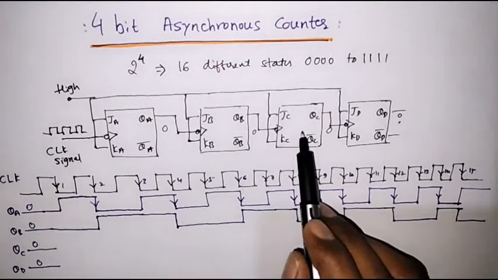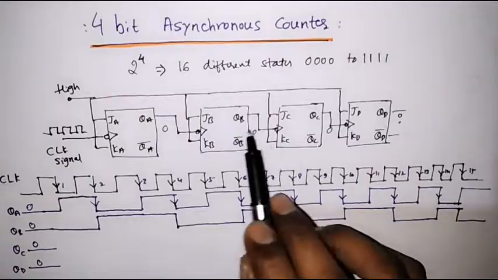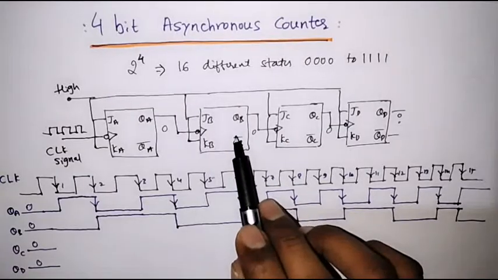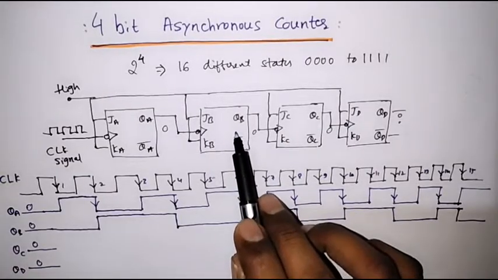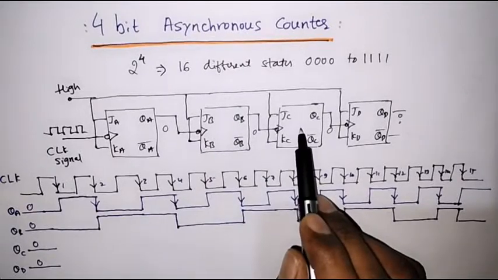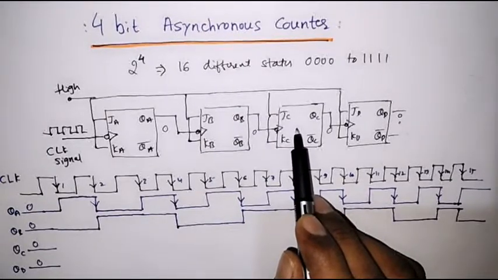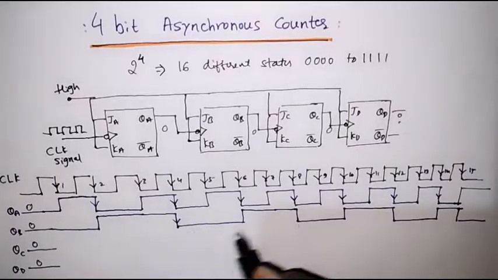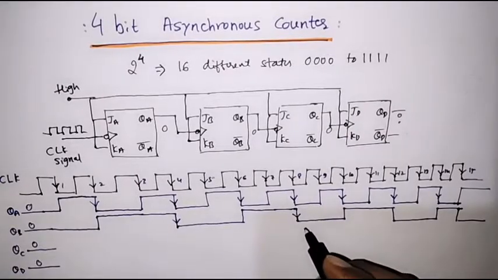The third flip-flop's clock input is dependent on the second flip-flop output. That is, at every negative edge of QB, this flip-flop will become active and it will start toggling. So here these are the negative edges of the QB output.